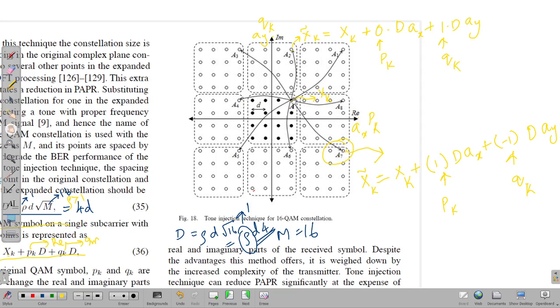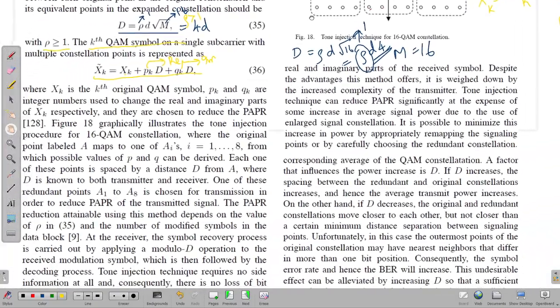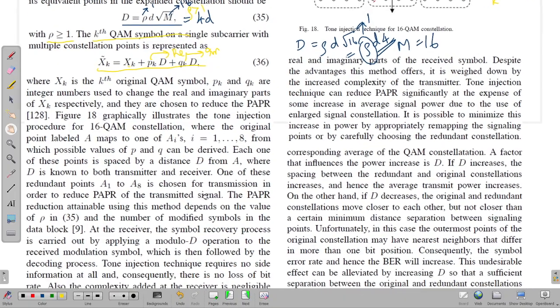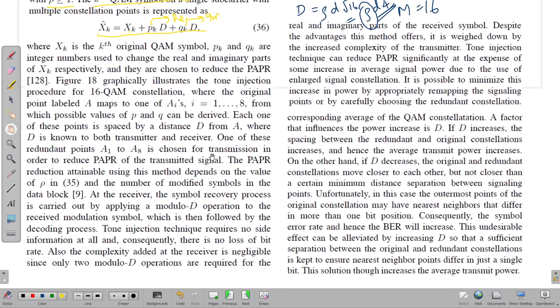If you have a particular symbol xk, the extended symbol can be written this way, where xk is the original QAM symbol and xk tilde is the equivalent point on the extended constellation. Okay, so that is the idea behind extending the constellation.